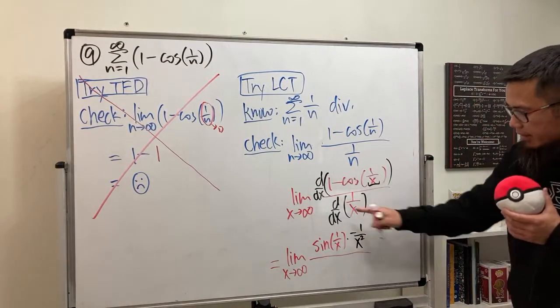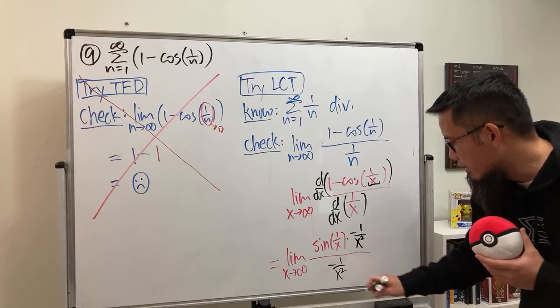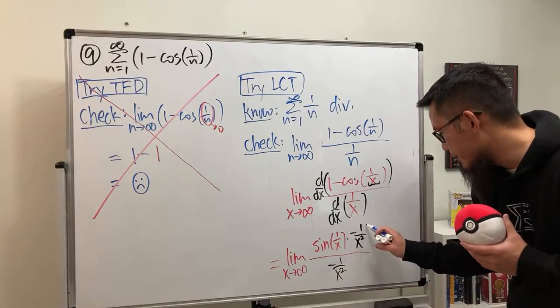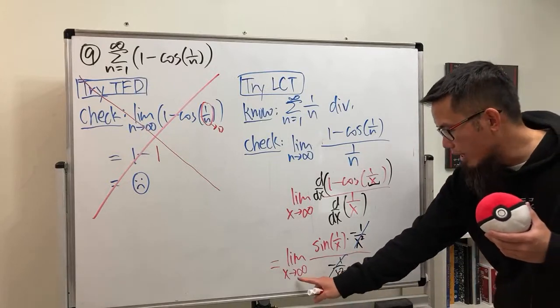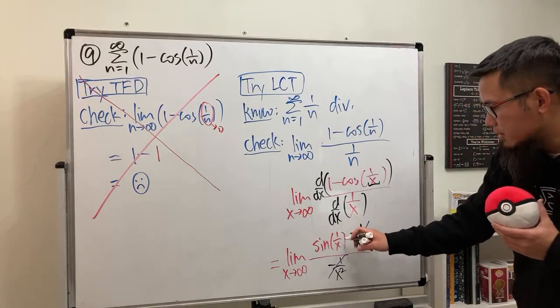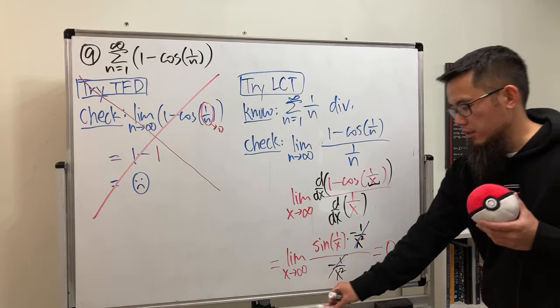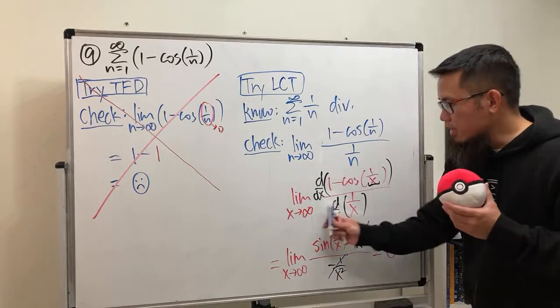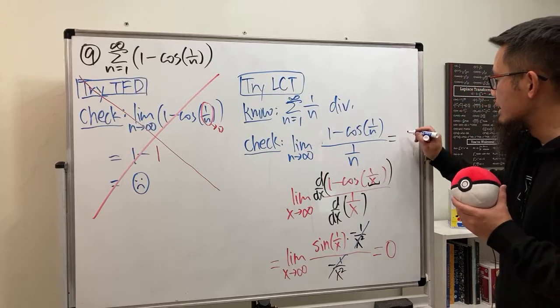Over the derivative of 1 over x, which is negative 1 over x squared. You see? This and that cancel out completely. When you take the limit as x goes to infinity, you get sine of 0 and you end up with 0. Because this gives us 0, this limit is also equal to 0.